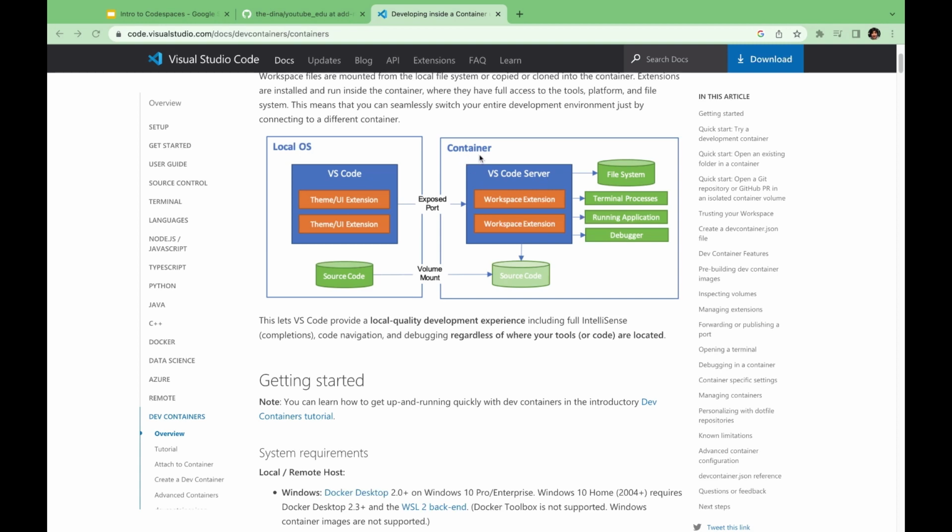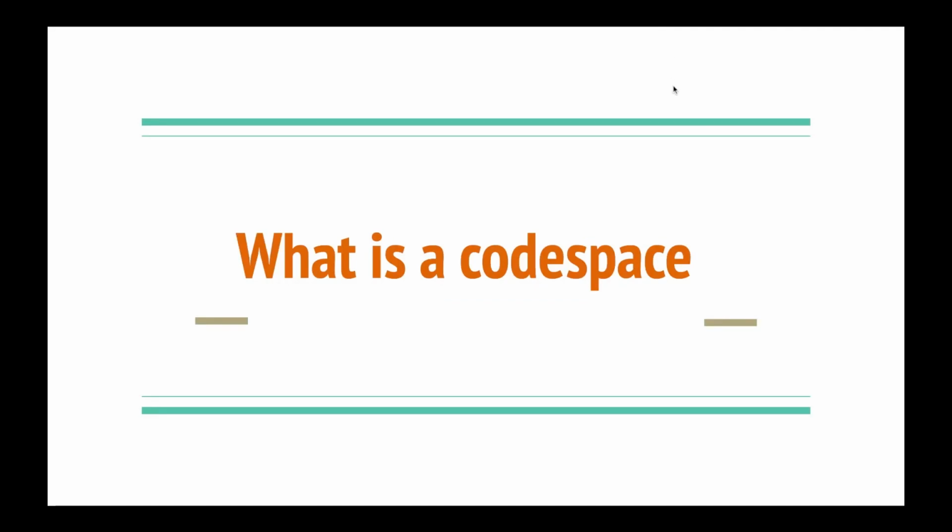Now that we have this container running, we can connect our Visual Studio Code on our local system to this container through the VS Code Server. We can also share the source code through volume mounting to the container, and then we are good to go. Our requirements are installed through the container, and we don't need to install a single thing except Visual Studio Code on our local machine.